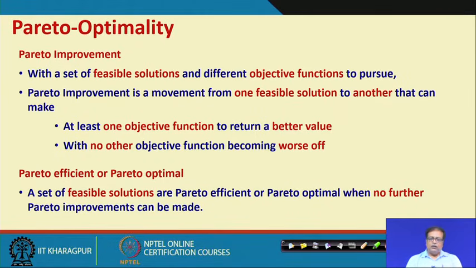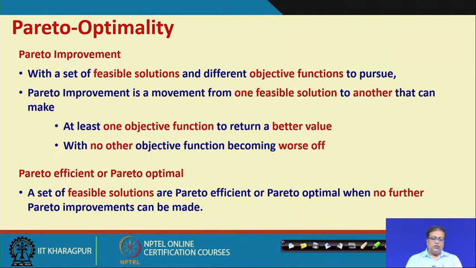Supposing we have two feasible solutions where, with regard to one objective function, the first one is better, but with respect to any other objective function, the first one is not any worse off than the other. Then we may say that going for the first one instead of the other is a kind of Pareto improvement.